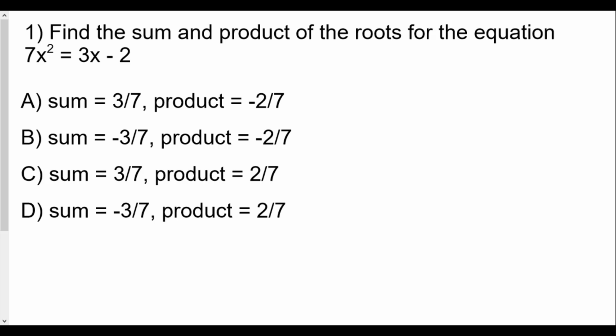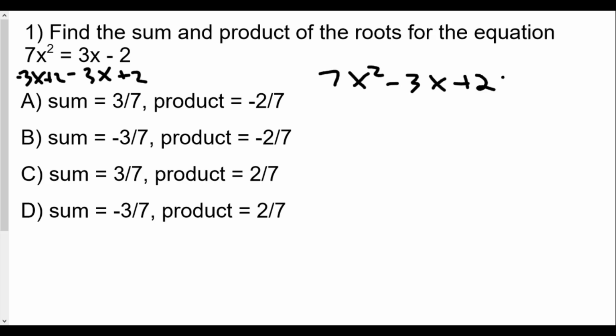I like to have the 7x squared positive, so we're going to subtract 3x on both sides and add 2 on both sides. That gives us 7x squared minus 3x plus 2 equals 0. It's always the first step, right? Our first step is to set the equation equal to 0.